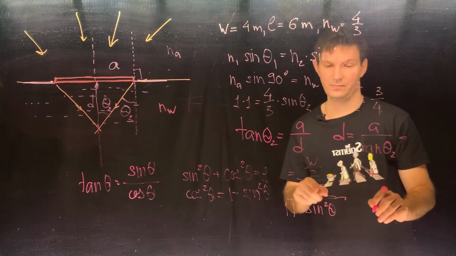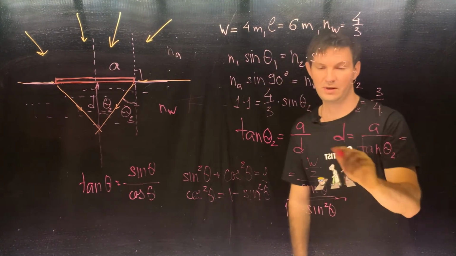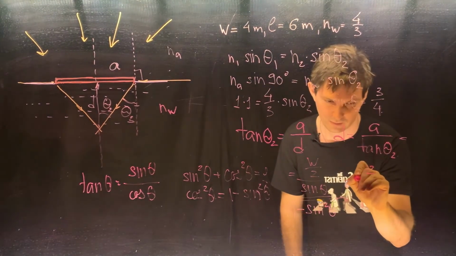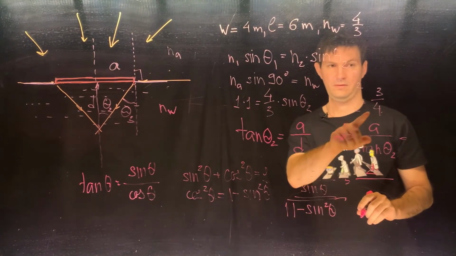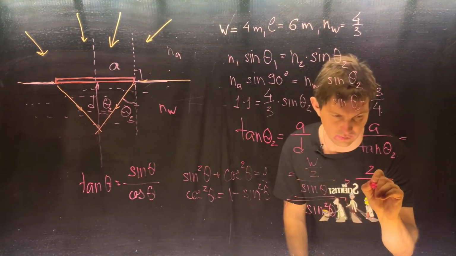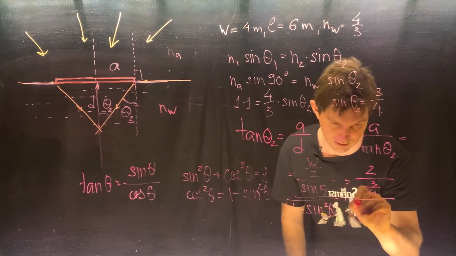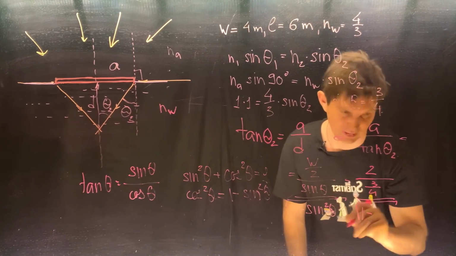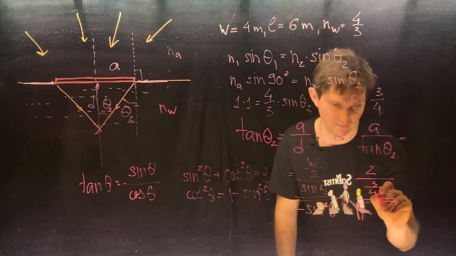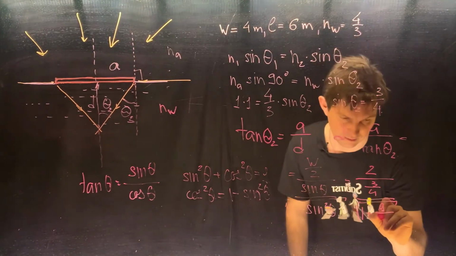So let's substitute the numbers. Width is 4 meters. 4 divided by 2 is 2. Divided by the sine, which is 3 over 4, divided by the square root of 1 minus 9 over 16.